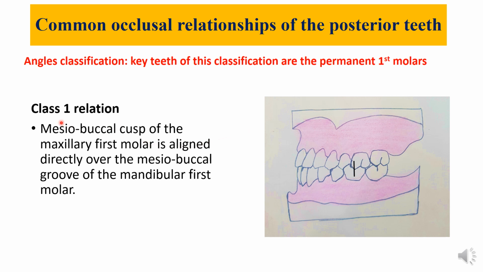Yeah, I'm a very bad drawer, you can see from this. Okay, anyways, we have the first, that is a class 1 relation. In class 1 relation, look at my laser cursor, you can see this is the first permanent molar.